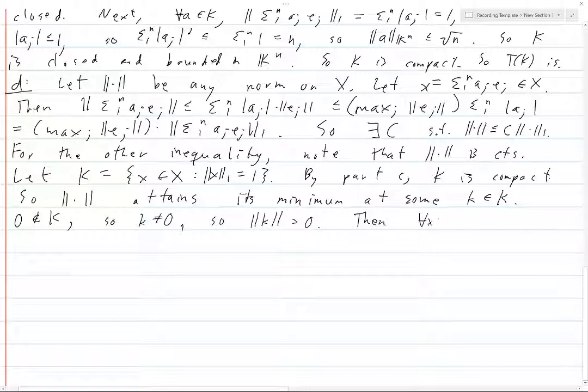Then for all x in the set of non-zero elements of X, let the norm of x equal the one norm of x. I guess if you want to be really pedantic, you have to prove that X is not the zero space in order for this to exist.